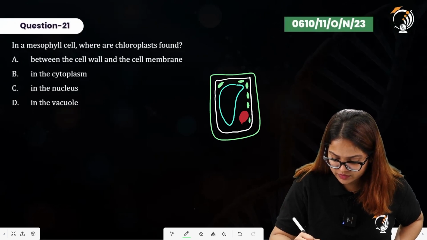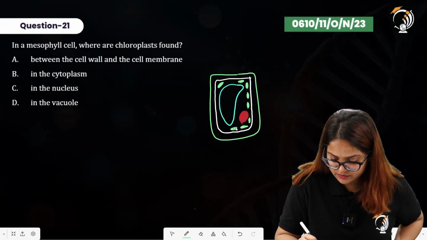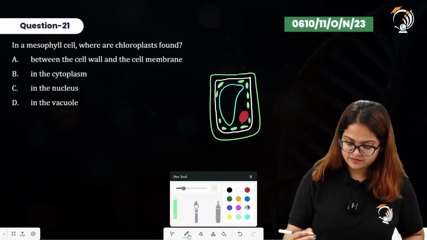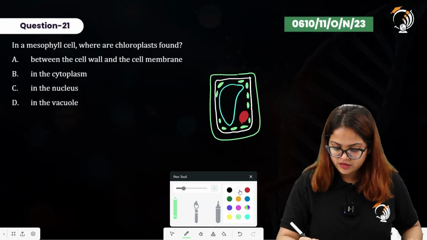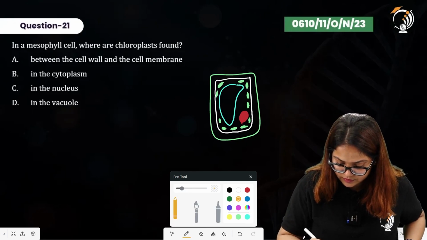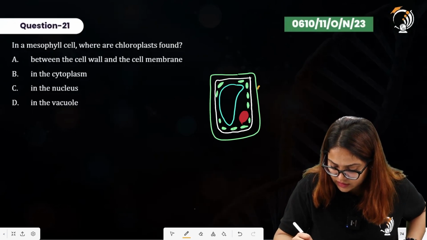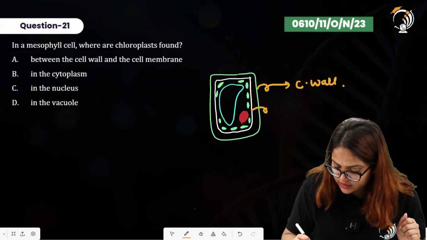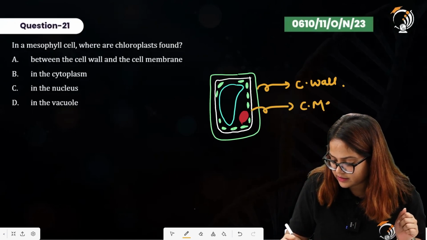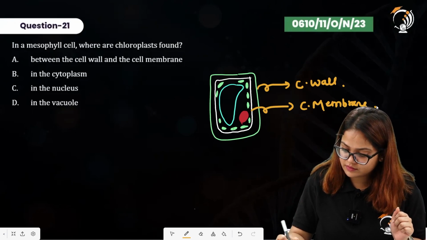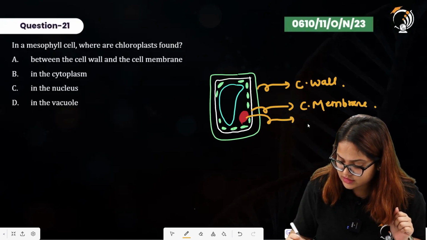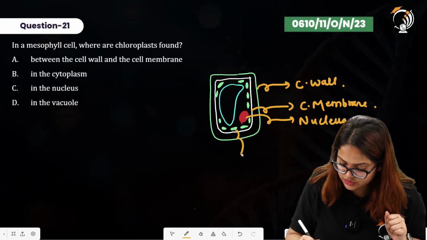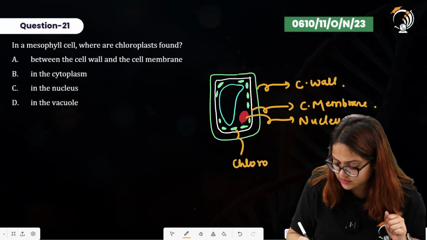And what is this region where these chloroplasts are located? So label it along with me. This one is the cell wall. This one is the cell membrane. This region here is the nucleus. These structures are chloroplasts.